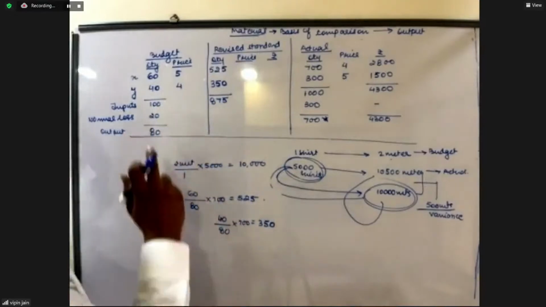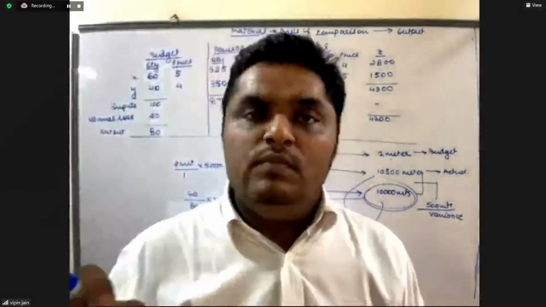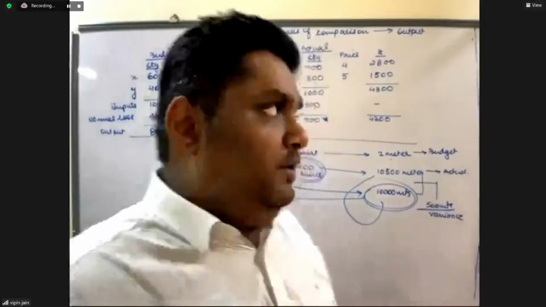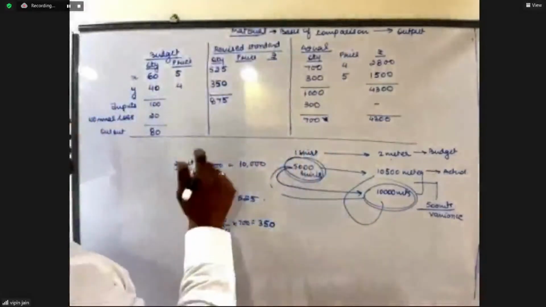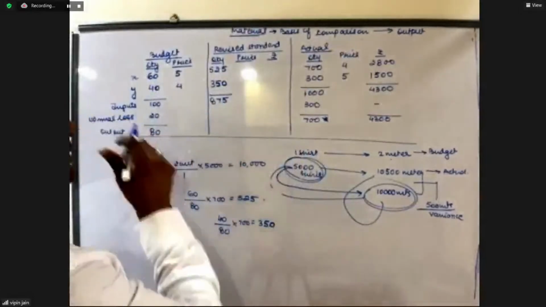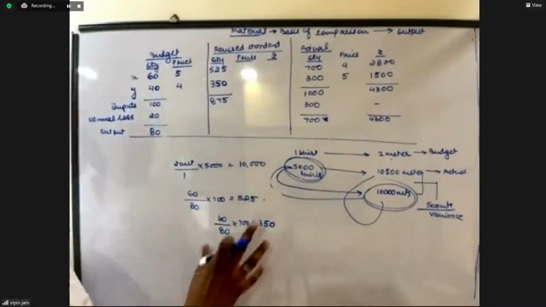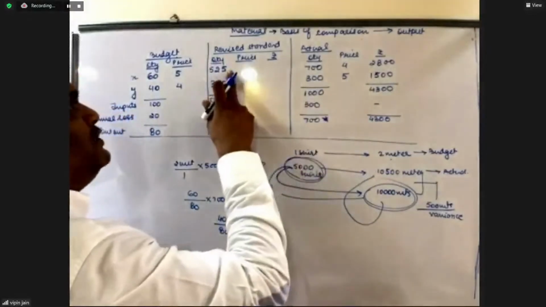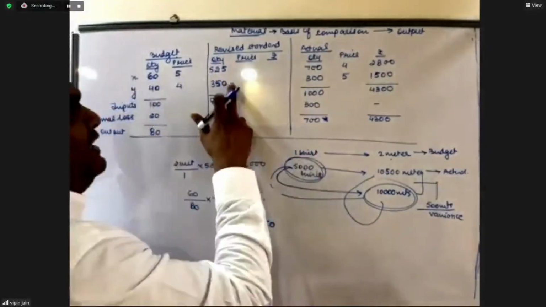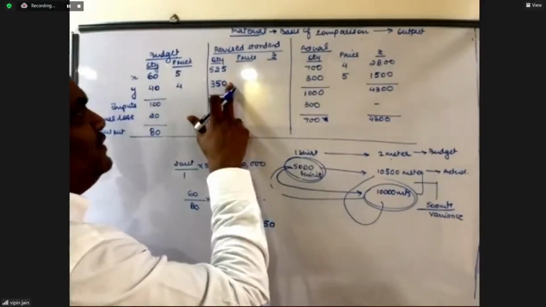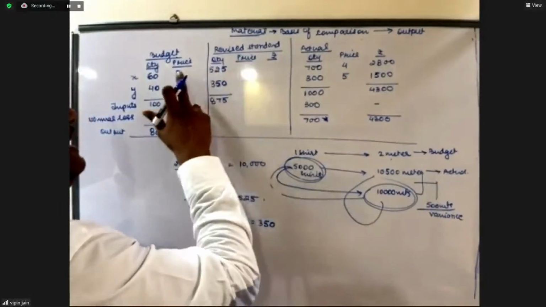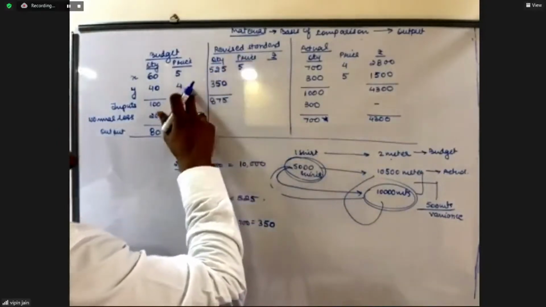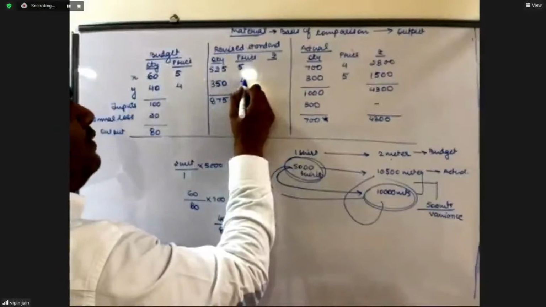So here 20% is the normal loss. So 875 minus 20%, 700 will be the output. So now, for manufacturing these 700 units, 525 kgs should be used of X and 350 kgs should have been used for Y. Again, X should be purchased at the rate of rupees 5 and Y at the rate of rupees 4.